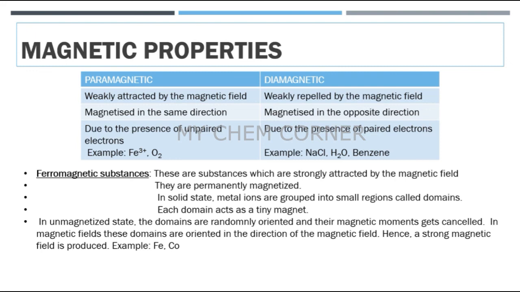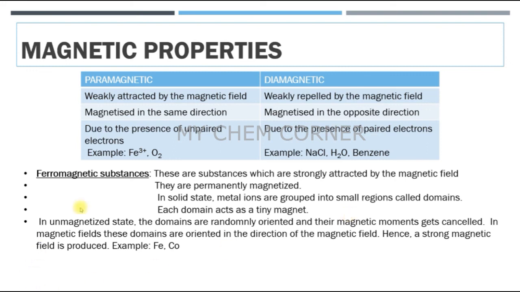And the next one is a ferromagnetic substance. In this case, these substances are strongly attracted by the magnetic field and they are permanently magnetized. In solid state, metal ions are grouped in small regions called domains. Each domain will act as a tiny magnet because they have all electrons grouped together in small regions.